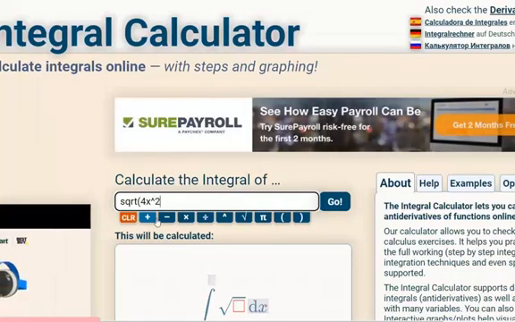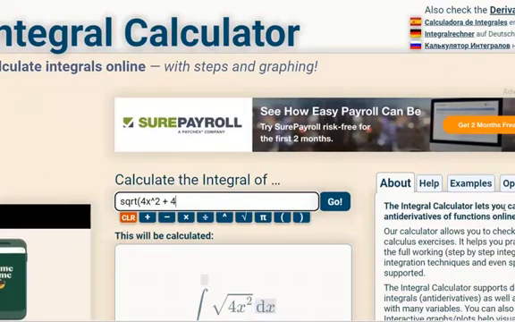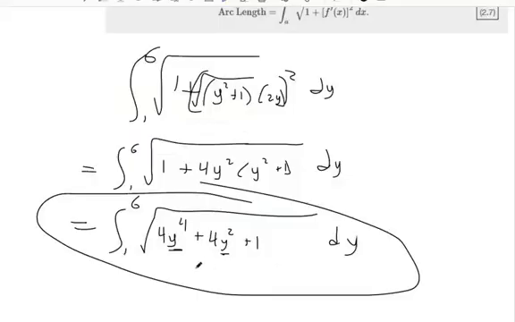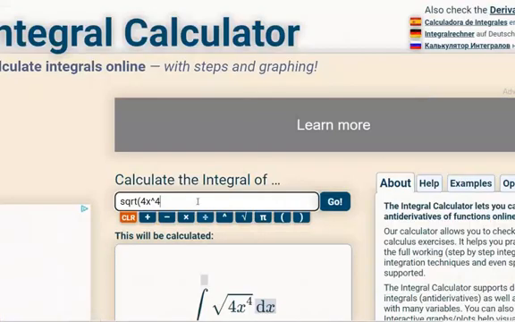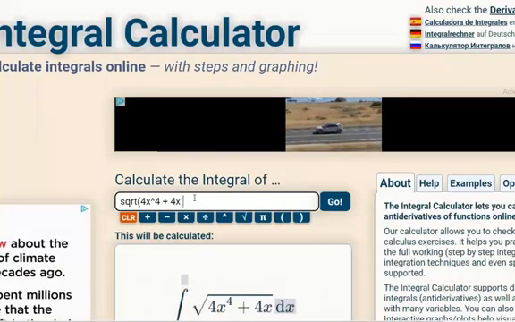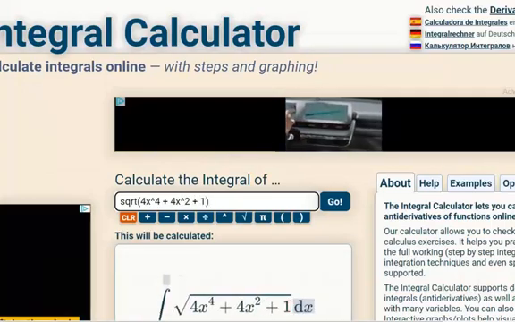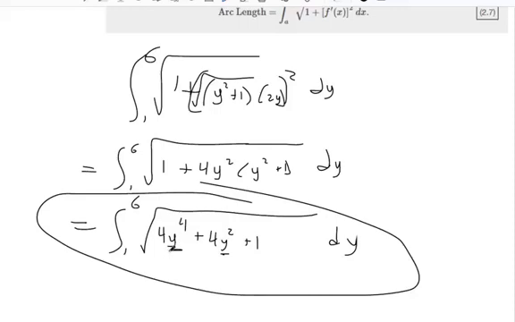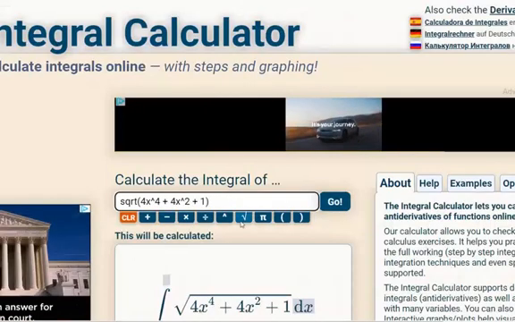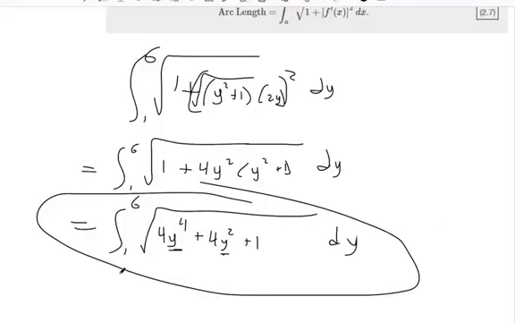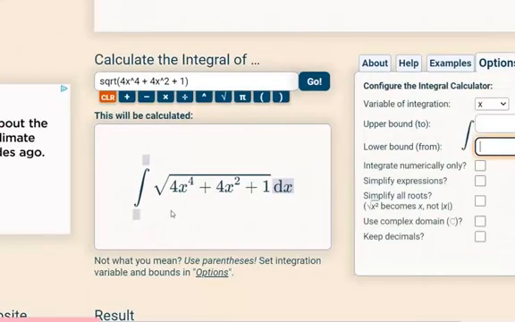It's 4x to the 4th plus 4x squared plus 1, all underneath the square root. And we want to evaluate that between 1 and 6.